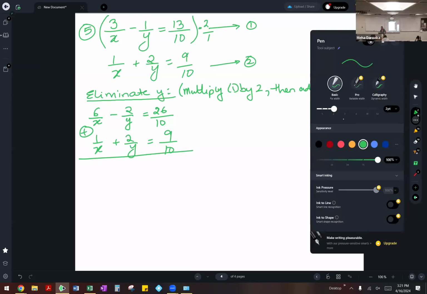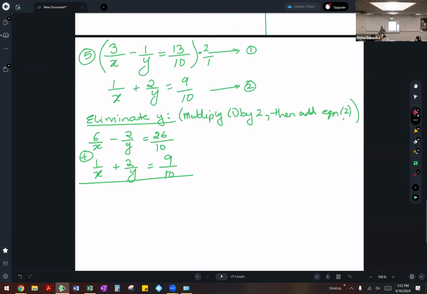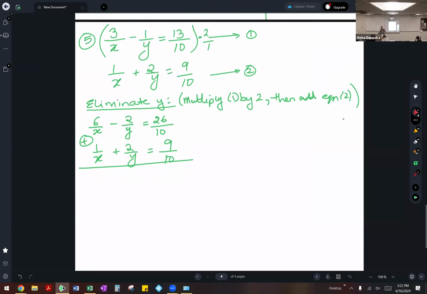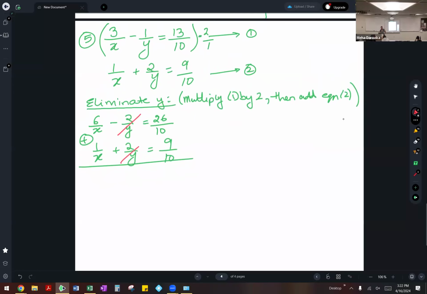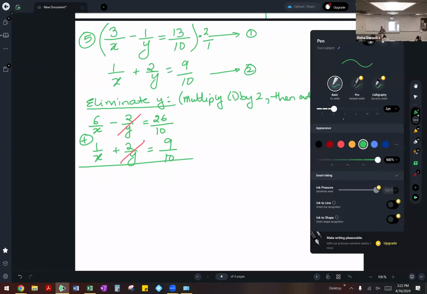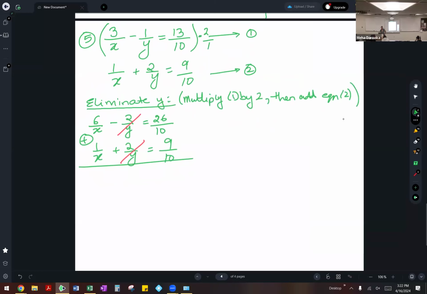And then we're going to add these together. The adding will be easier here because our denominators match, right? So of course, we know -2/y and +2/y will cancel each other out. And then when you are adding, 6/x is being added with 1/x.